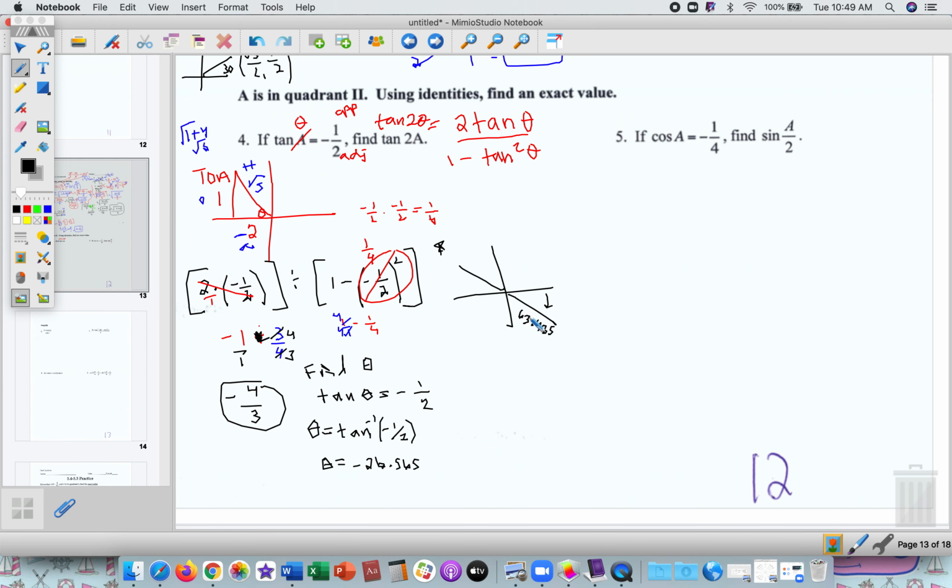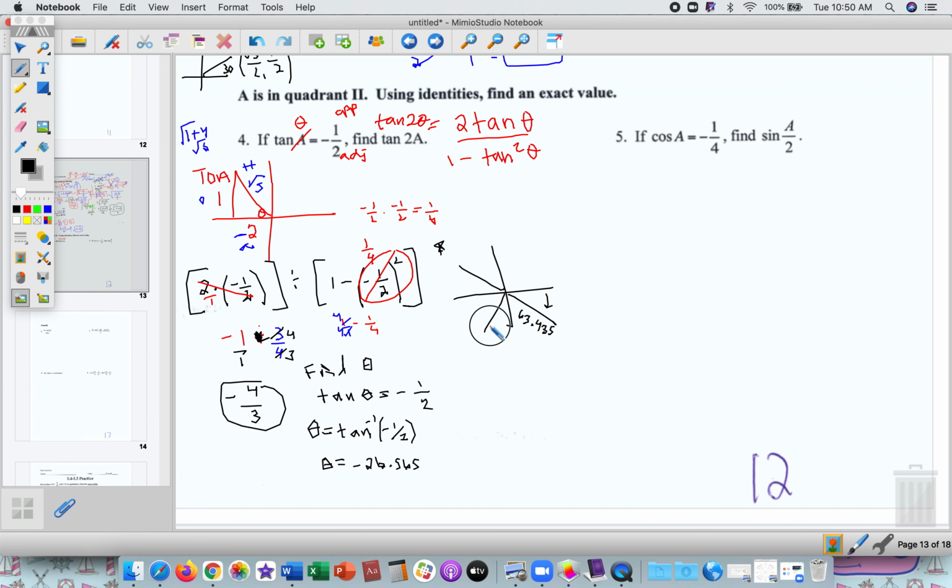And you might say, well, why did you get negative 26.565? Well, because tan is negative in those 2 quadrants, right? All students, tan is negative in second quadrant, take calc. So tan is negative also in this quadrant. But we need to reflect until we get that angle that's in the second quadrant.